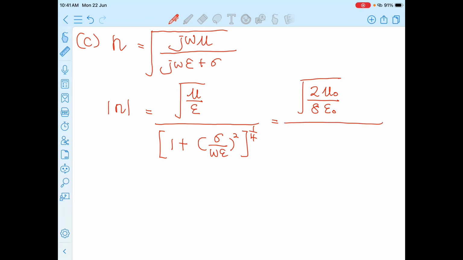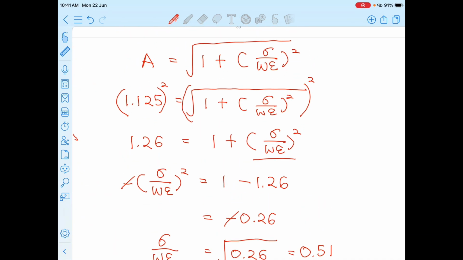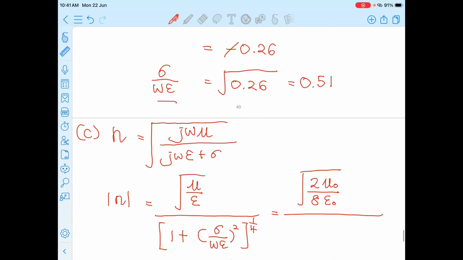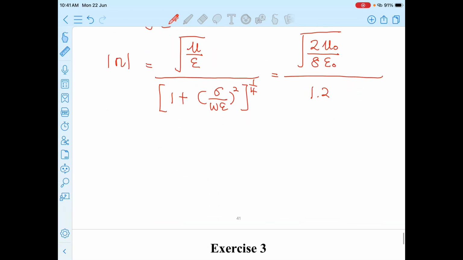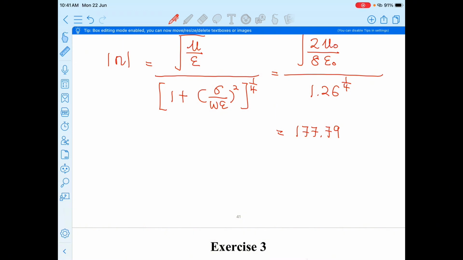Replace the values into it, so we get the value. This is the value of our A. No, it's not A, but A squared. So I will use 1.26 to the power 1/4. Okay, so we can do the calculations. So the value is 177.79. This is the magnitude of the intrinsic impedance.